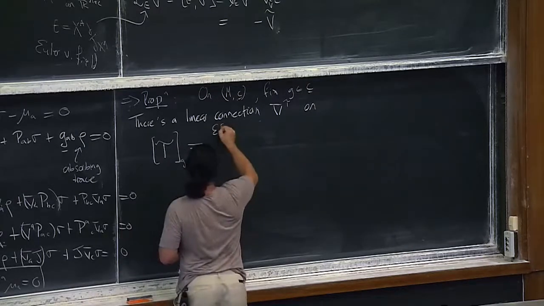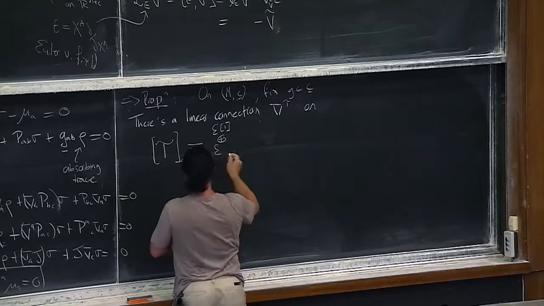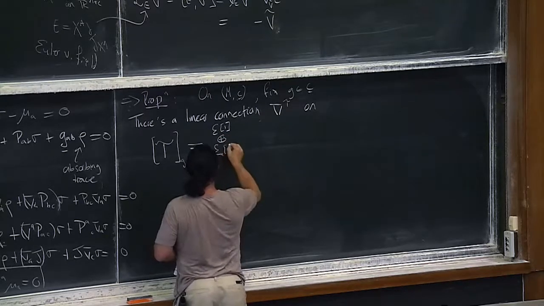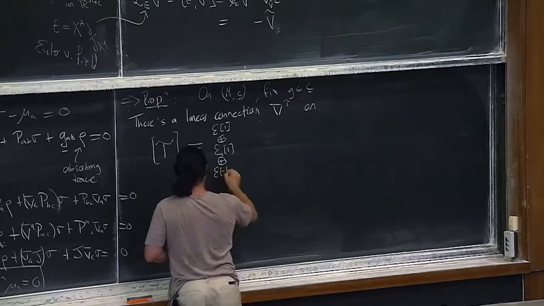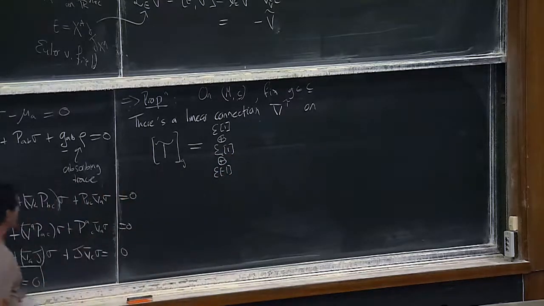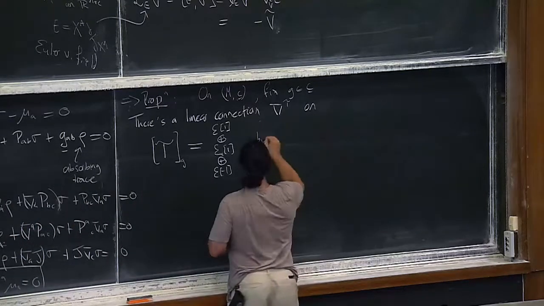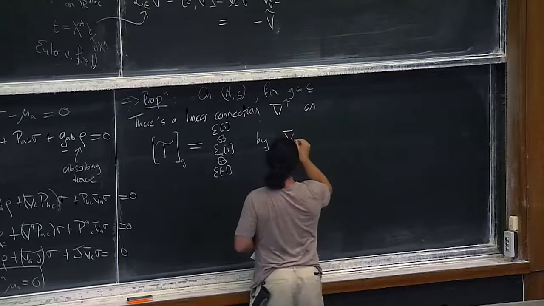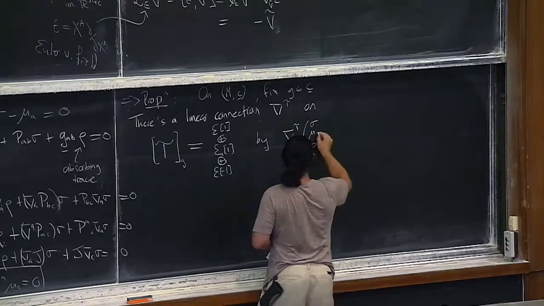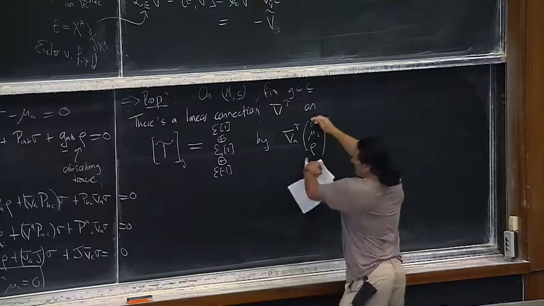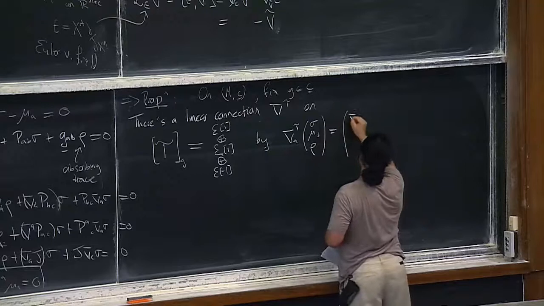This bundle consists of densities of weight 1, direct sum, the cotangent bundle twisted with densities of weight 1, direct sum, densities of weight minus 1. And this connection is given by grad A that on sigma mu rho, a section of that direct sum bundle, is equal to, well, it's just the system I just derived over there.